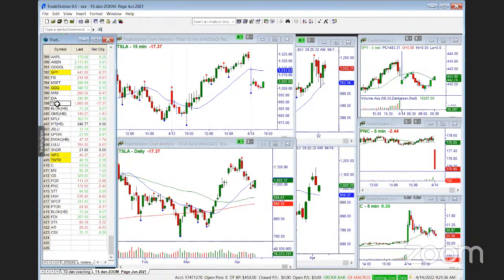So Tesla's down on the news of Musk wanting to buy Twitter. I'm always watching the FANGs, but I don't know which way this thing's going to break. McGraw, as of this point in time, it looks like a condor. But let's watch it the first 15 minutes and see which way it wants to break.